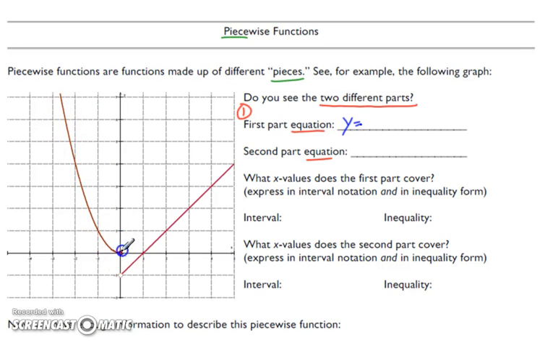It looks like the vertex is here at 0, 0. So I'm guessing it's something like x squared. I need to check the steepness of my graph here. So I'm going to look at some of the points on it. Negative 1, 1. Negative 2, 4. That looks to be a standard x squared parabola.